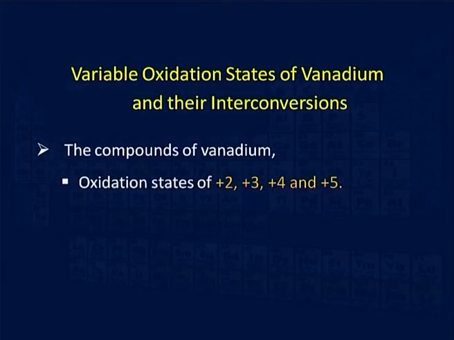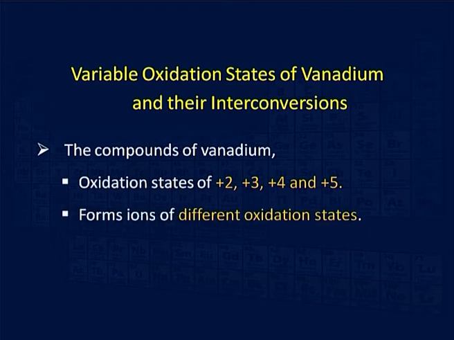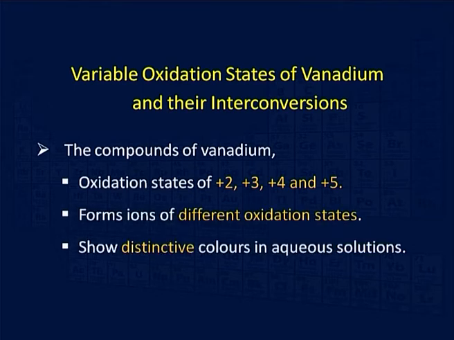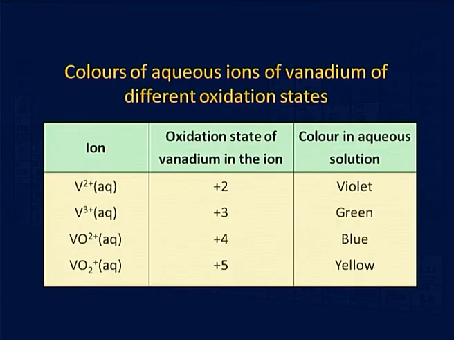Vanadium can exist from +2 to +5 oxidation state, and these ions of different oxidation states are formed by vanadium. Also, they show distinct colors in the aqueous solution. This is how the color of the ion changes as the oxidation state changes in the case of vanadium.